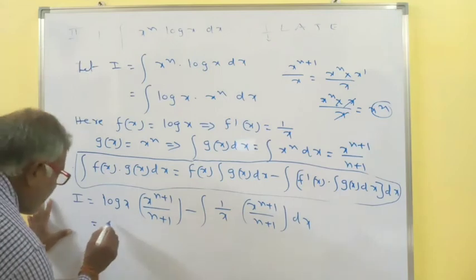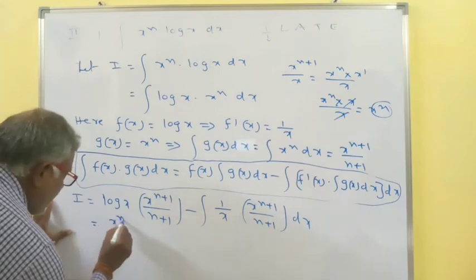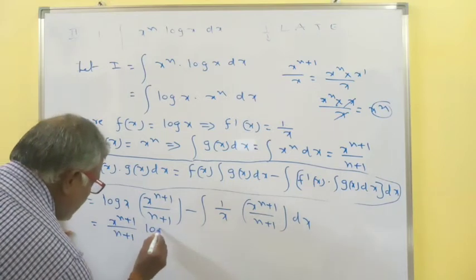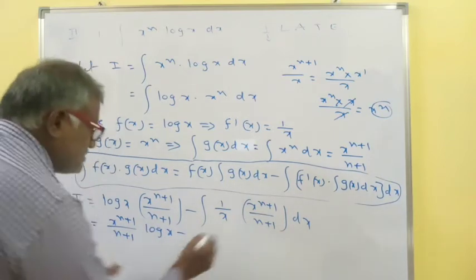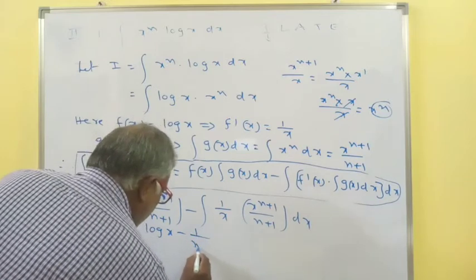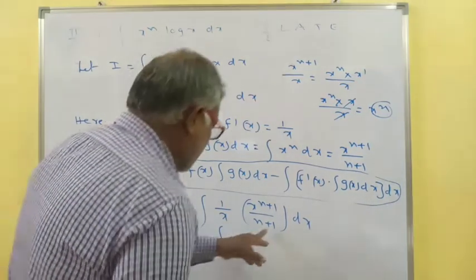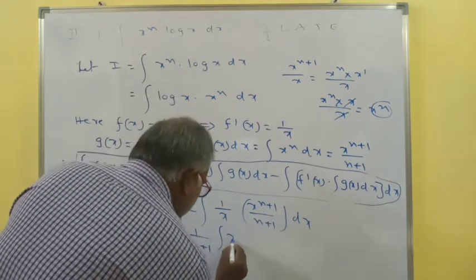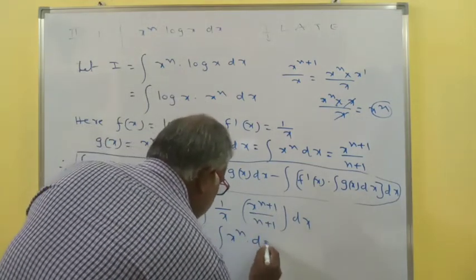So finally, here x power n plus 1 by n plus 1 into log x, minus 1 by n plus 1 as a constant, into the remaining integral of x power n dx.